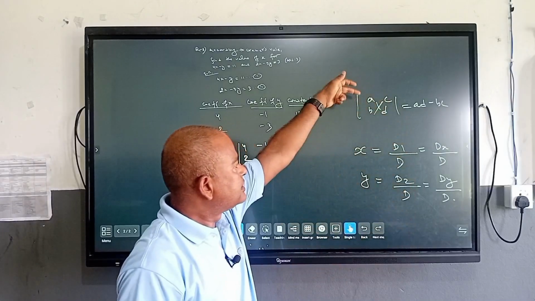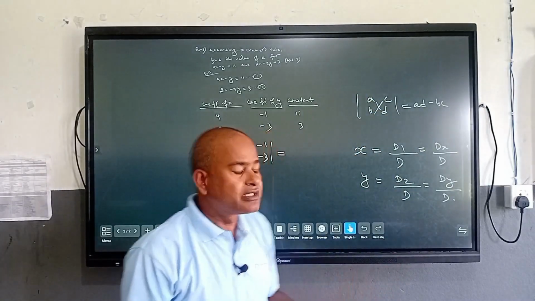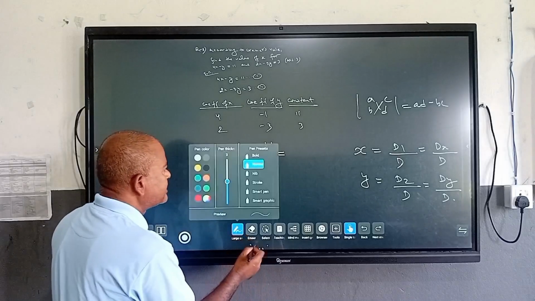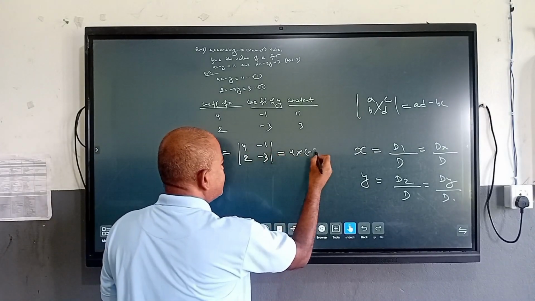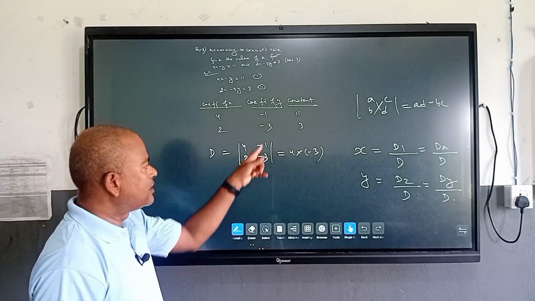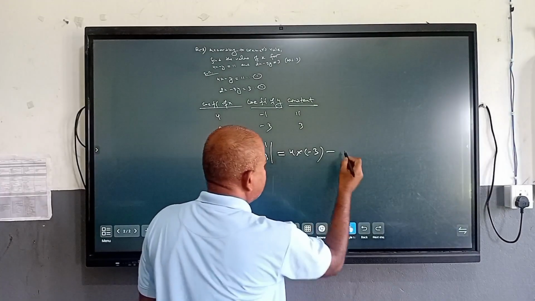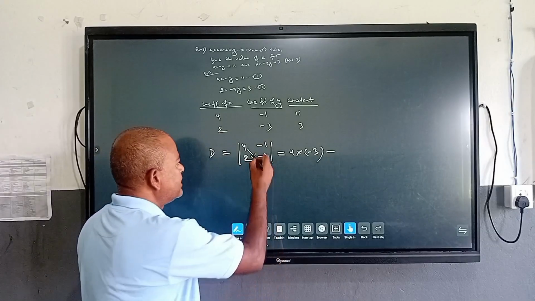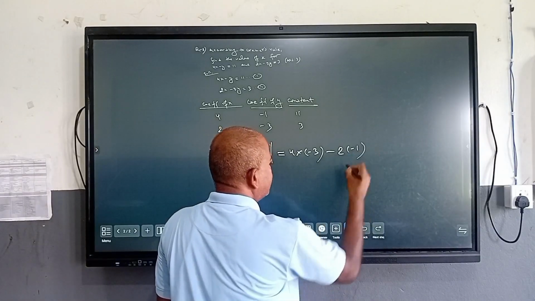If we take the difference of AD and BC, then we get the determinant of a square matrix. So let's do the calculation. 4 times -3 is AD, now minus BC means we multiply 2 with -1.